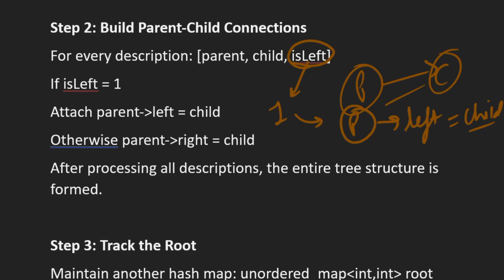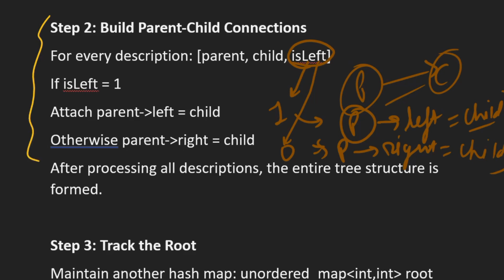That means the child node is present on the left side of the parent. But if the isLeft value is 0, then the child is present on the right, so parent of right is equal to child node. This is the second step, where we make the connection between the parent and child. Once we process all the elements in the descriptions array, we get our whole tree.